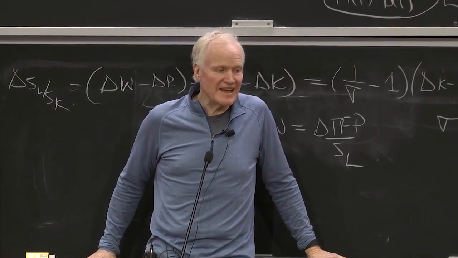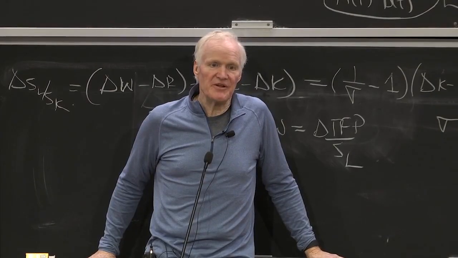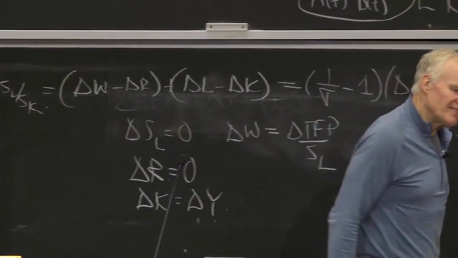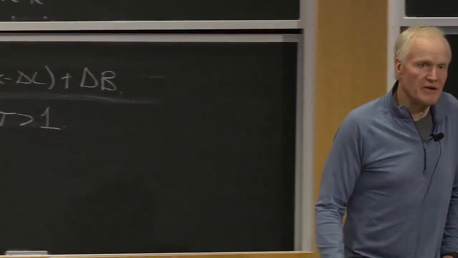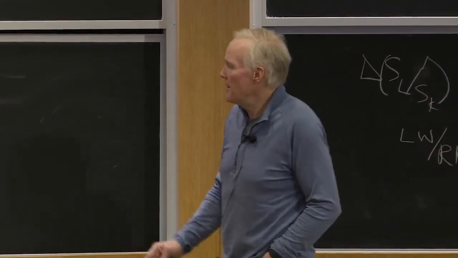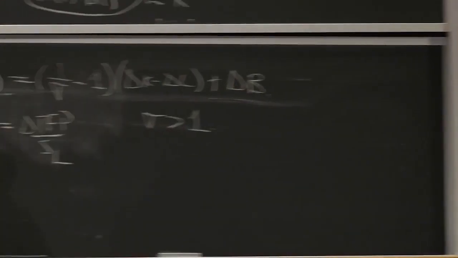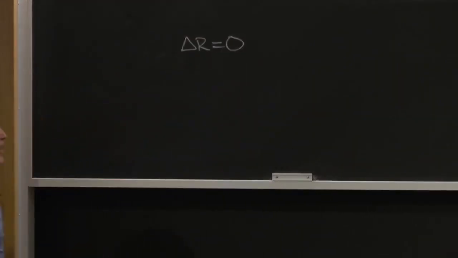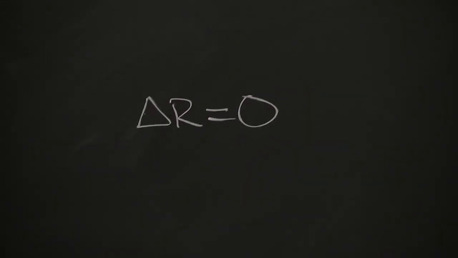Let's assume, let's get out of the standard neoclassical growth model. But let's maintain the elastic supply of capital assumption. So I'm going to maintain delta R equals 0. That is, over the long haul, return to capital isn't changing.